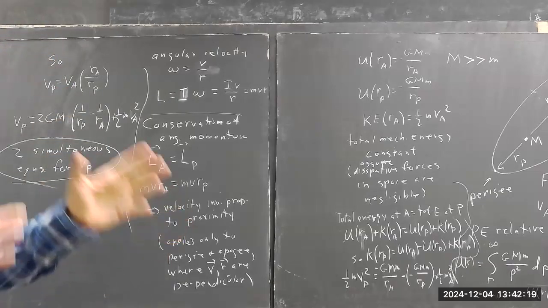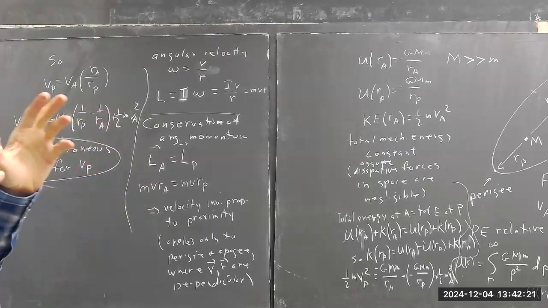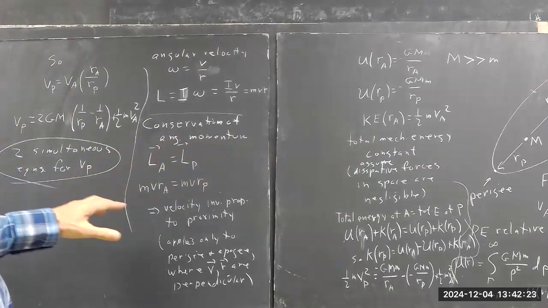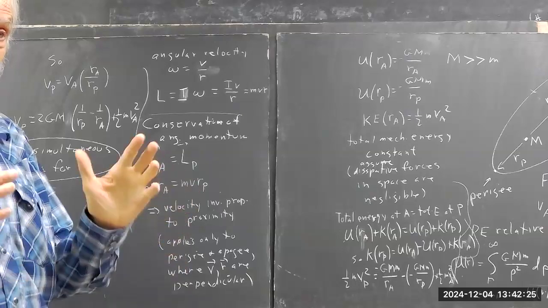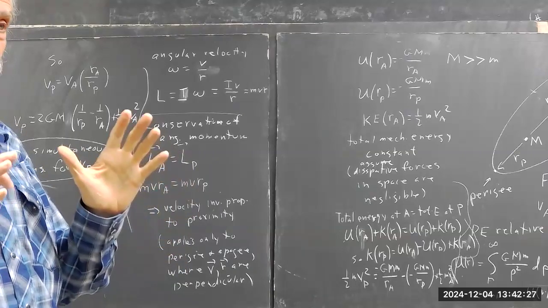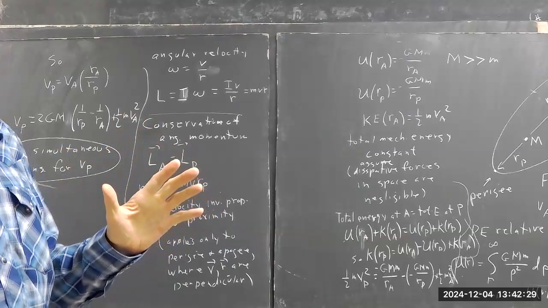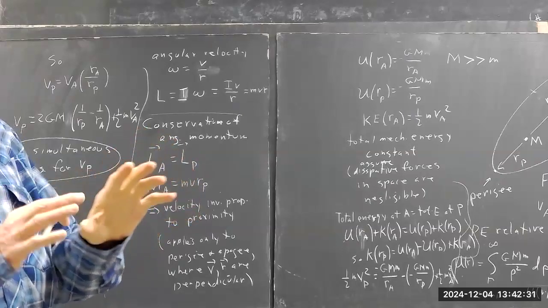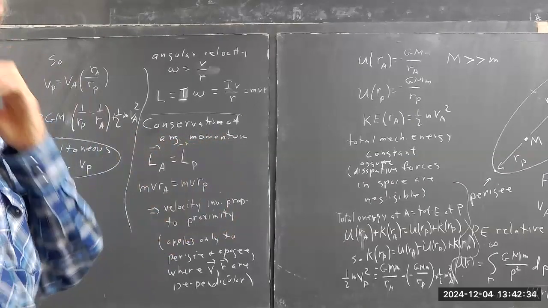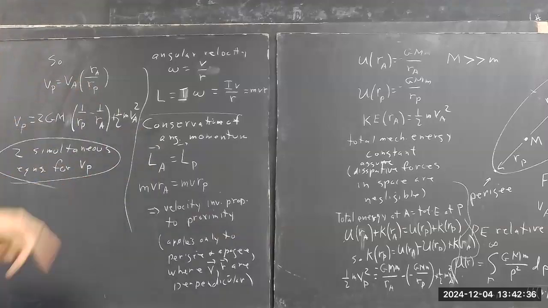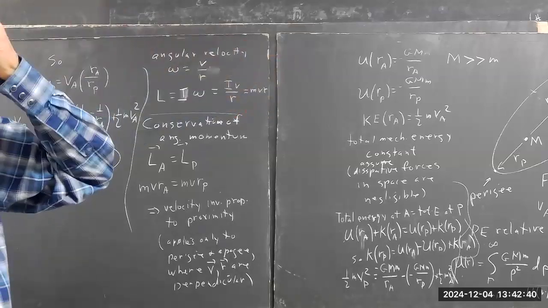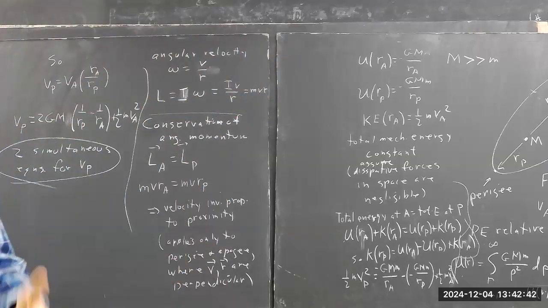I think if you can really understand what I told you about these elliptical orbits, you've got a tool that's going to apply to a lot of different things. You've got a perspective. We get two simultaneous equations. They both have to be satisfied, so we can determine what the shape of this orbit is, at least where the apogee and perigee are.